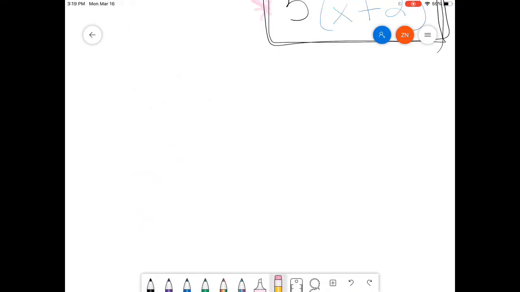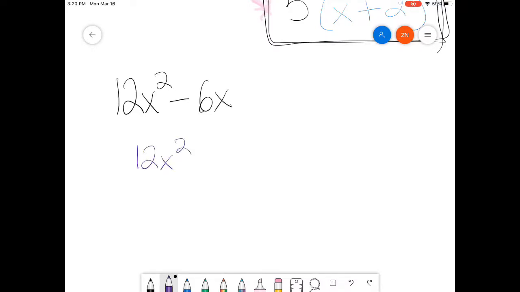Our next example will be 12x squared minus 6x. So take a look at them separately. I have 12x squared and 6x. If I break apart the 12x squared, I have 6 times 2 and then x times x.